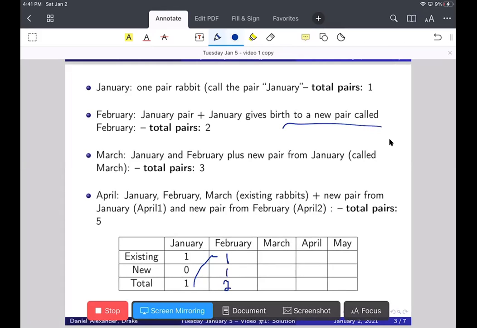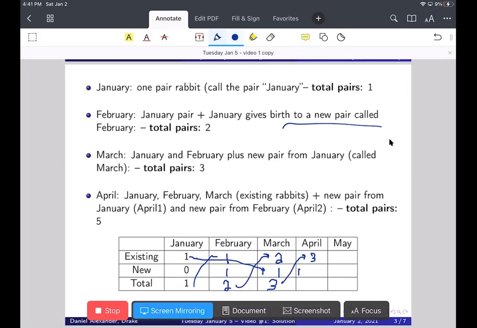Okay, so let's go to March. We have all the rabbits we started with. Now, January is giving birth, but not February. February has to wait another month. So we get one new baby rabbit pair, and now we have three pairs. Now we go to April. We have the three from March, because remember, they never died. January is going to give birth, so we get one from there.